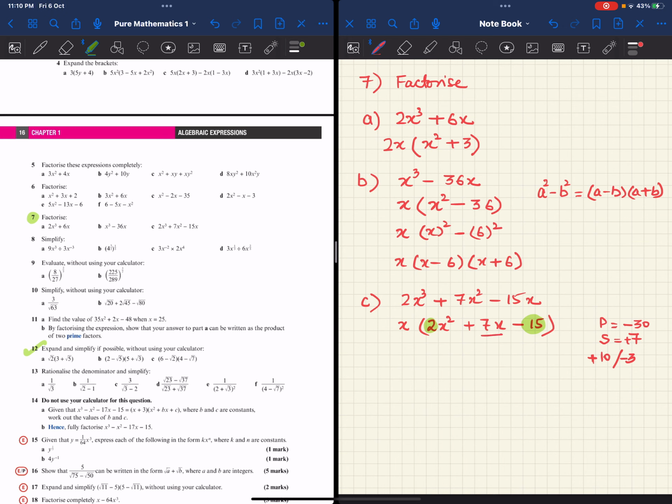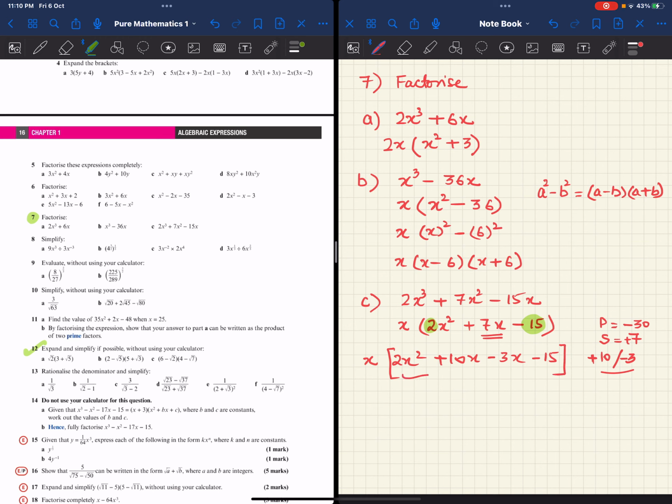Now we will split 7x into positive 10x minus 3x. So we can rewrite this as x into 2x squared plus 10x minus 3x minus 15.